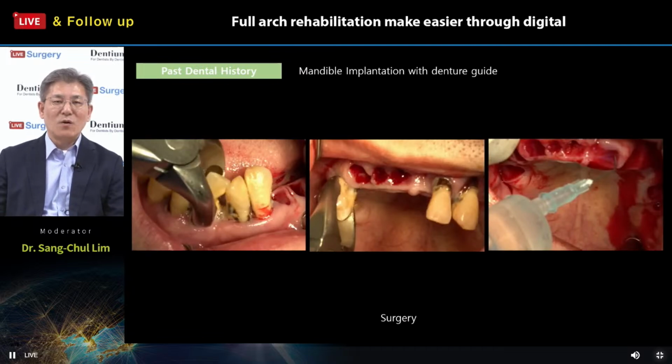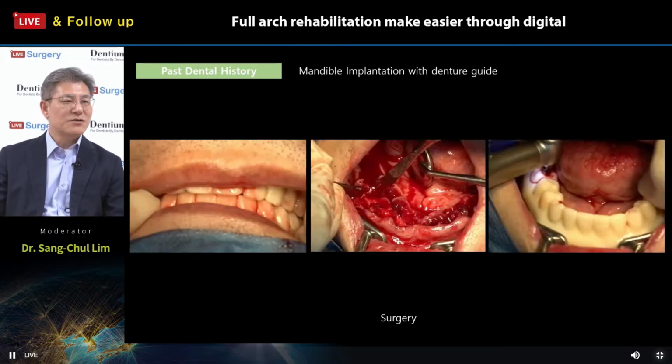Preparing the informative surgical stand and the temporary denture, the 3D printed denture, is a very essential part. And after that, into the patient's mouth, extraction and implantation. A simultaneous approach is available, or a slightly delayed approach is also available.